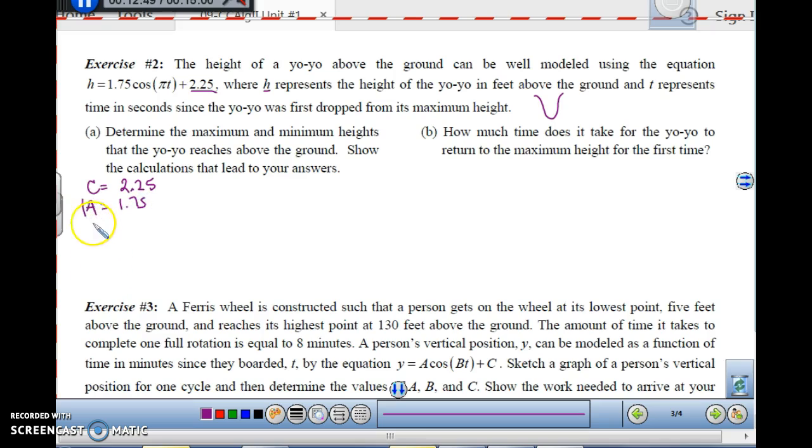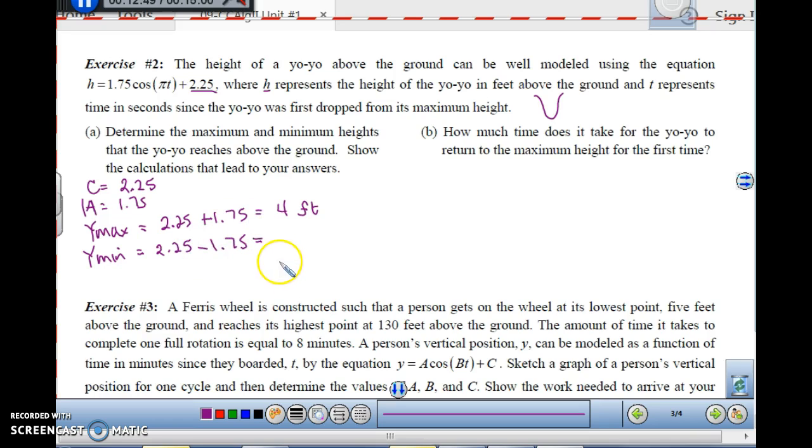So Y max is going to be 2.25 at the midline plus 1.75. So Y max will be 4 feet. And then Y min will be starting at the midline 2.25, 1.75 below that.